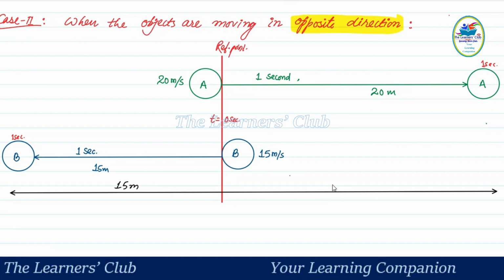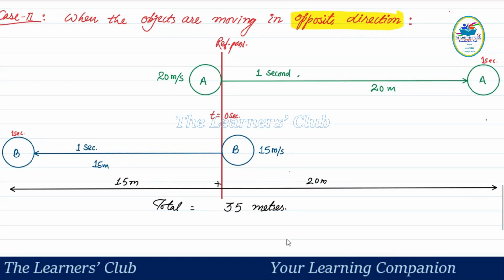When you add them together, this comes to be 35 meter in total. Are you clear? Yes, sir. So this is how, when objects are moving in opposite direction, you have to add the velocities of the two different bodies while calculating their relative velocity. Are you clear?